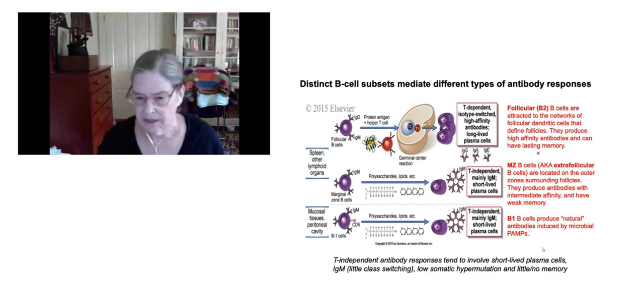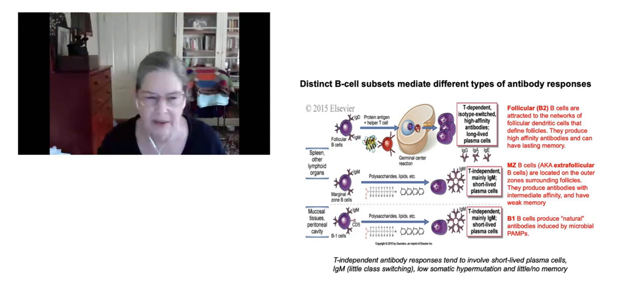So here, for instance, is the B cell, starting with your adaptive immune B cells that follow a T cell response. The follicular B cells go to the follicle, they get activated in the follicle, and they get help.